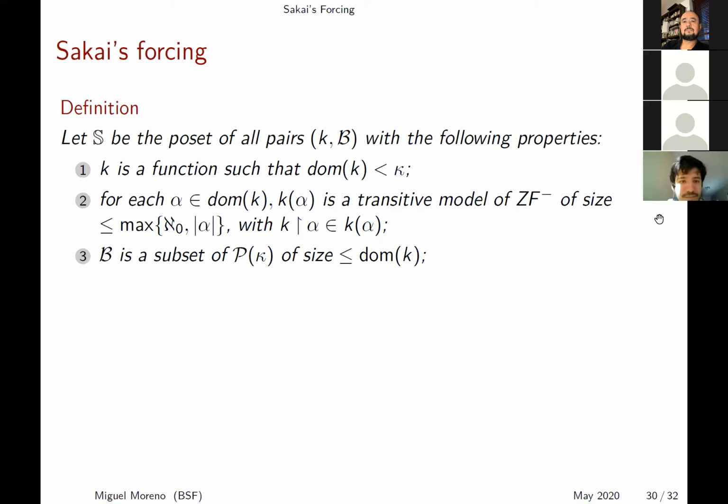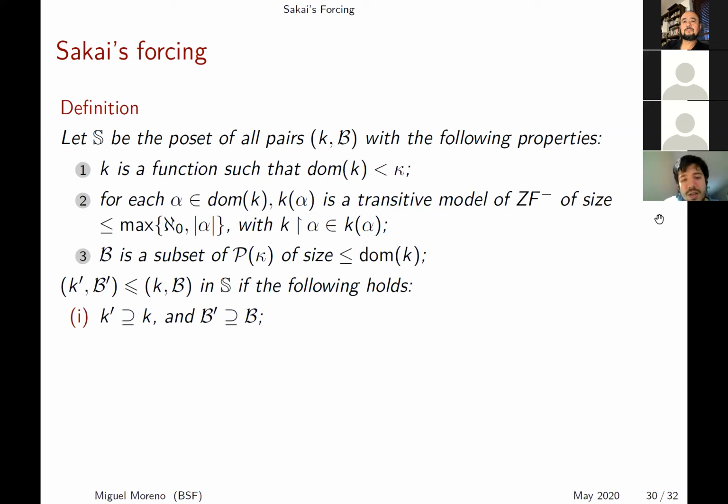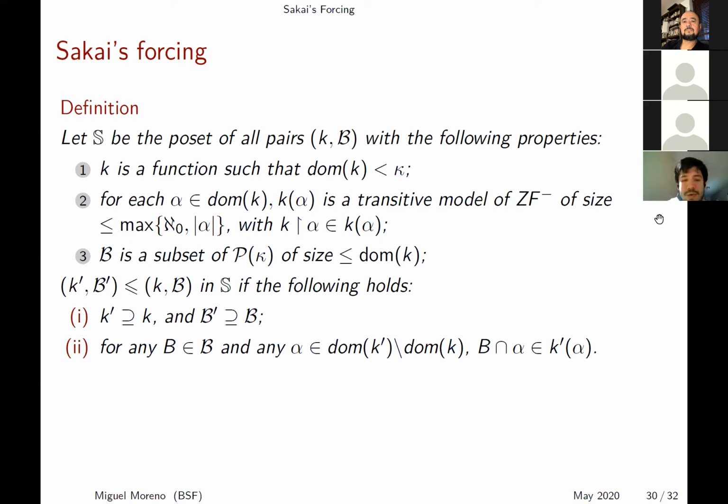Then B is a subset of the power set of kappa of sizes smaller or equal to the domain of K. And now the order that we're going to use is just that K' extends K, B' extends B, and for every element of B and every alpha in the domain of K' that is not in the domain of K, B intersected alpha is an element of K'(alpha), of the structure K'(alpha).